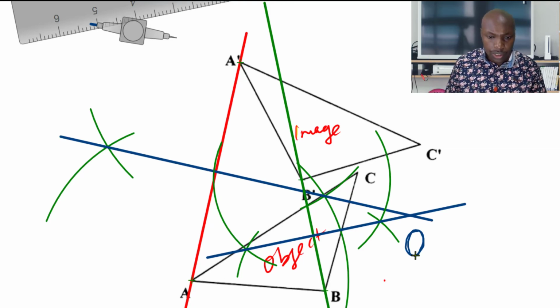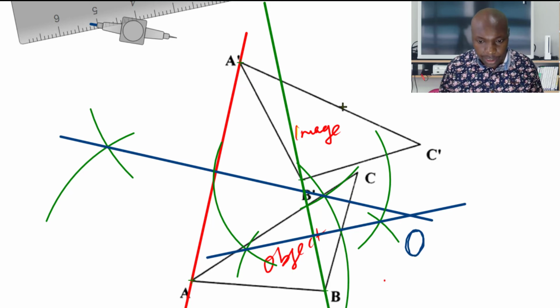So let me choose one point that is easier here. I can decide to use the one that is closer, that will not create confusion and congestion of these arcs. So I can choose to join point C to the center.